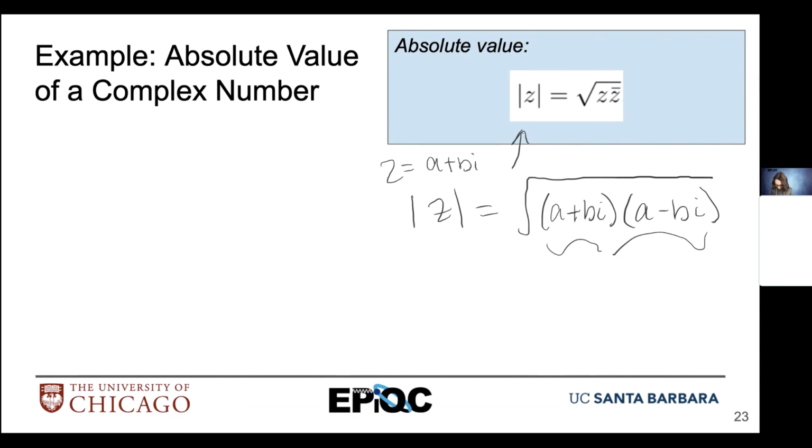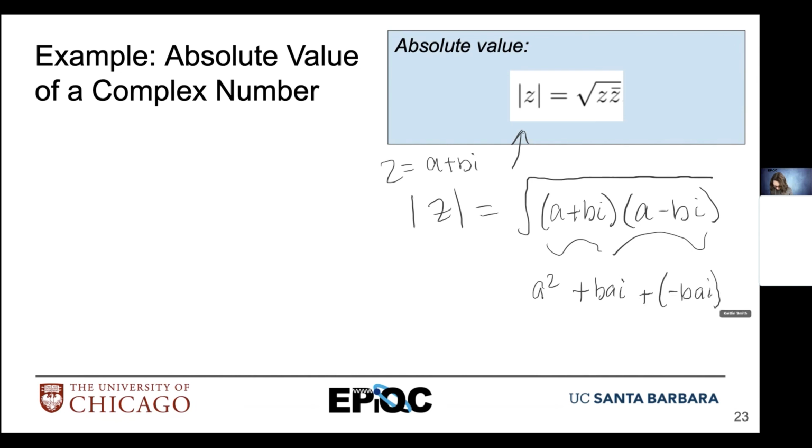So let's FOIL. First, we have a squared. Inside, plus b a i. Outside, that's going to be a minus b a i.